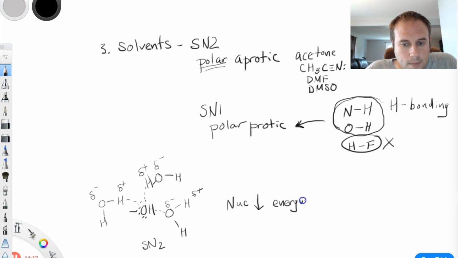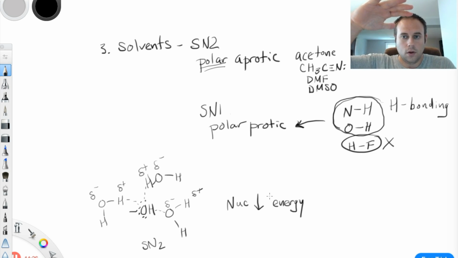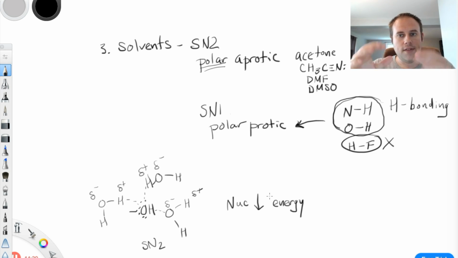And that's a problem, because in an SN2 situation, you need an aggressive nucleophile, a nucleophile that goes in and attacks at the same time the leaving group is leaving. So we're taking a highly aggressive nucleophile that's ready to go, and we're squashing its energy. We're saying, nope, you can just hang out in solution. All of the hydrogen bonding here will help stabilize you. And that is not an ideal situation for an SN2.